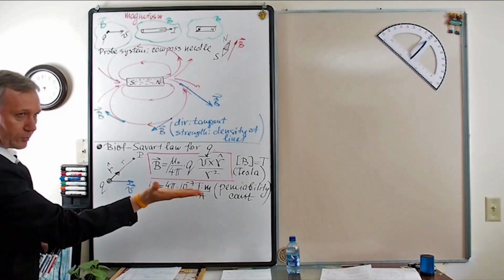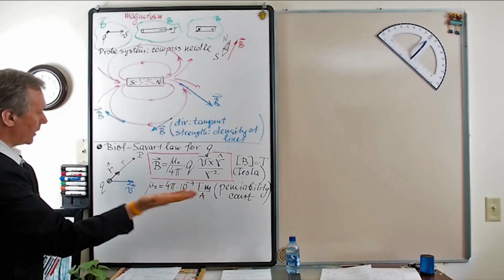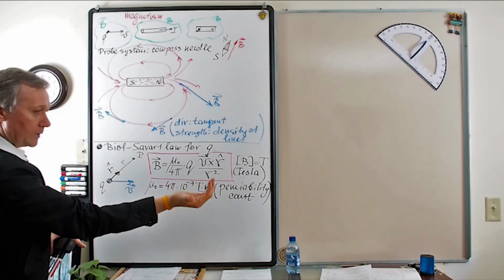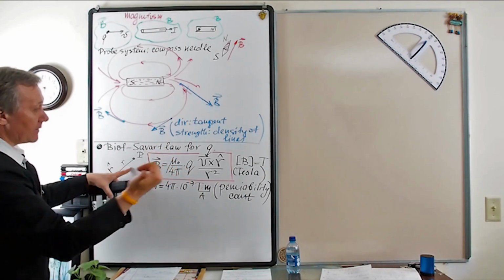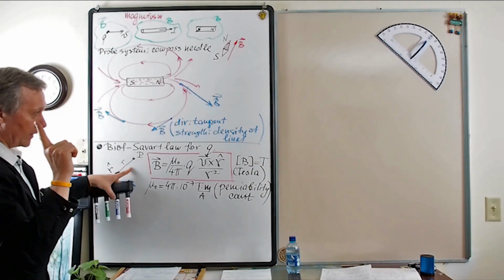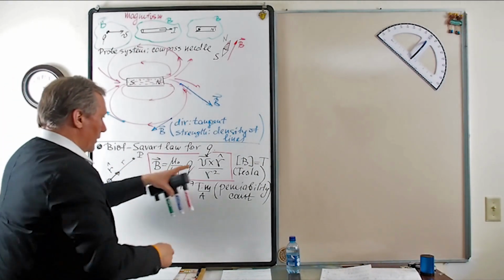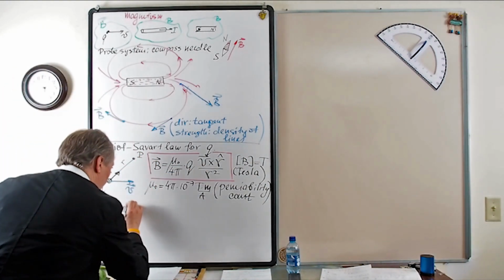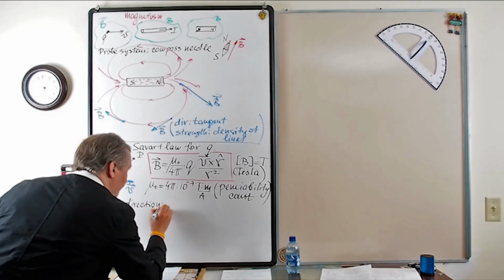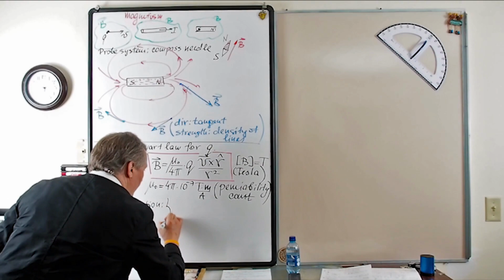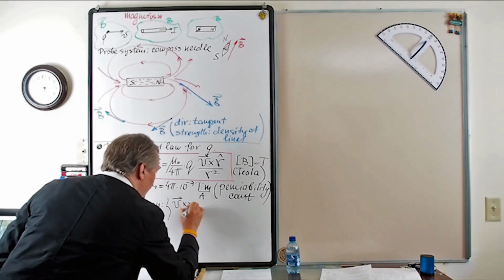So if I take a cross product using the right-hand rule, v cross r, my outstretched thumb gives me the direction of the magnetic field that way. It looks like that way, right? So this determines the direction. Let me write this way: direction, v cross r.